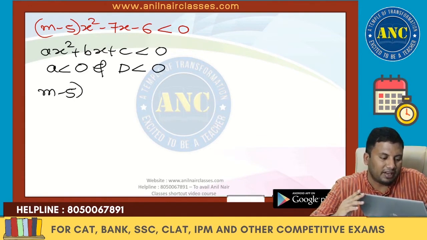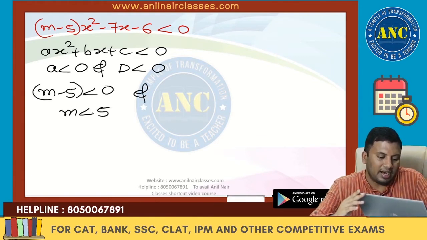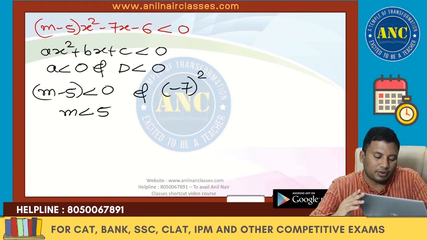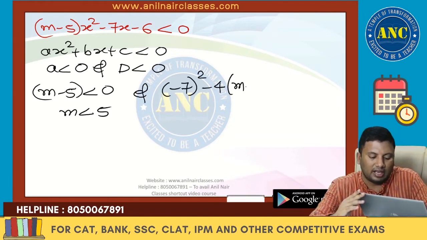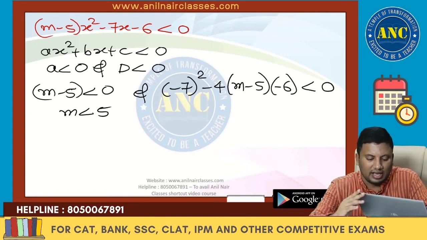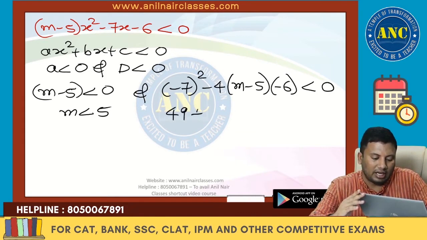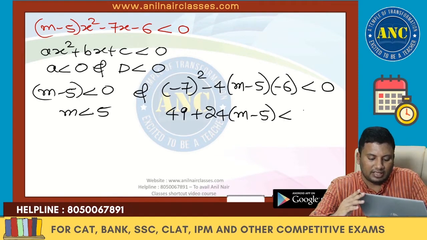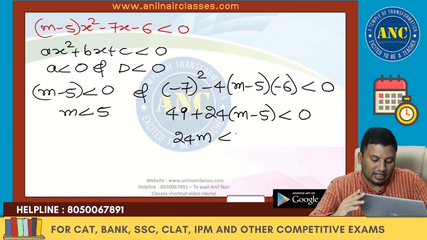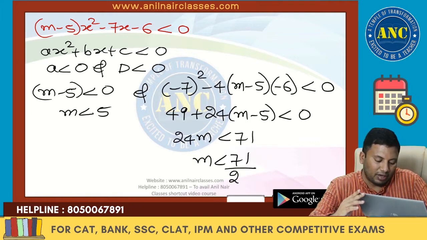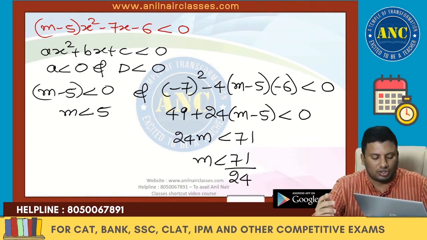M minus 5 is less than 0, so m less than 5, and the discriminant b square minus 4ac: 49 plus 24 into (m minus 5) less than 0. 24m is less than 71. M is less than 71 by 24, which is close to 3.